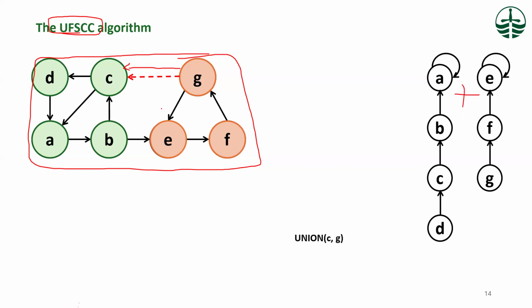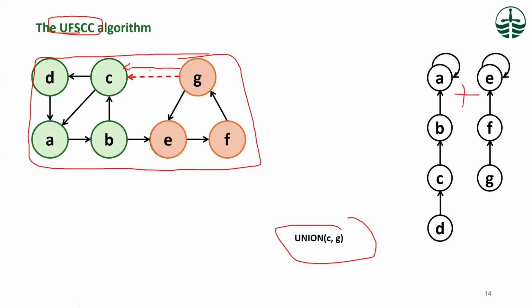If we have a big graph with millions of nodes in one SCC, we can explore them with our workers, and then merge them using the union find set. So that's why we are looking to union C and G here.